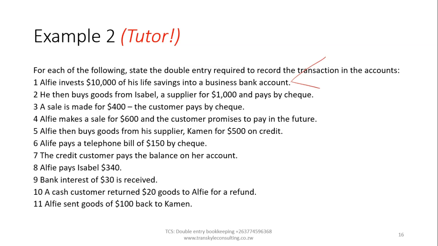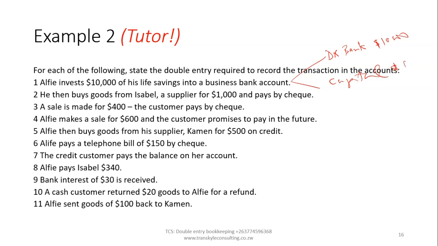So the business is receiving cash into its account. We are debiting bank 10,000. This is the double entry bookkeeping, and we're not going to waste a lot of time. And then we're going to say capital 10,000, because when you inject money to start a business, that's capital.